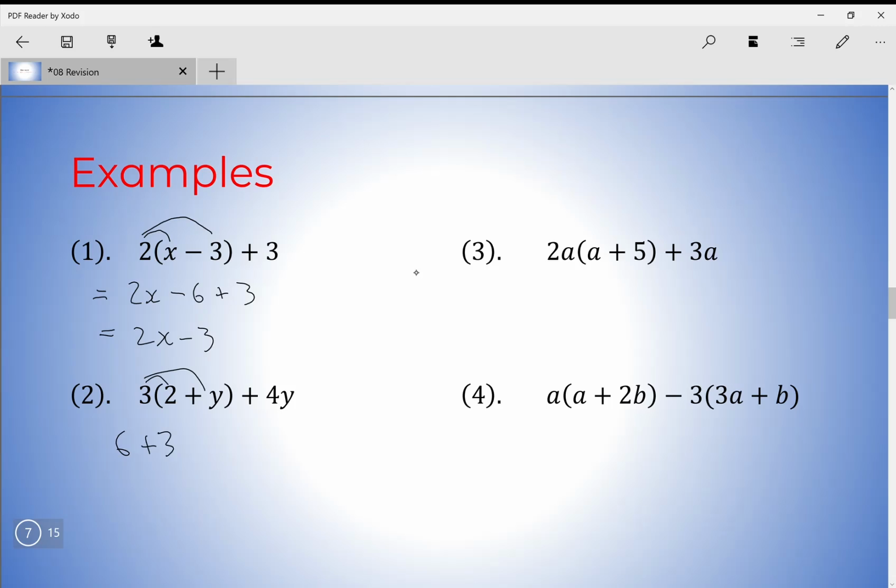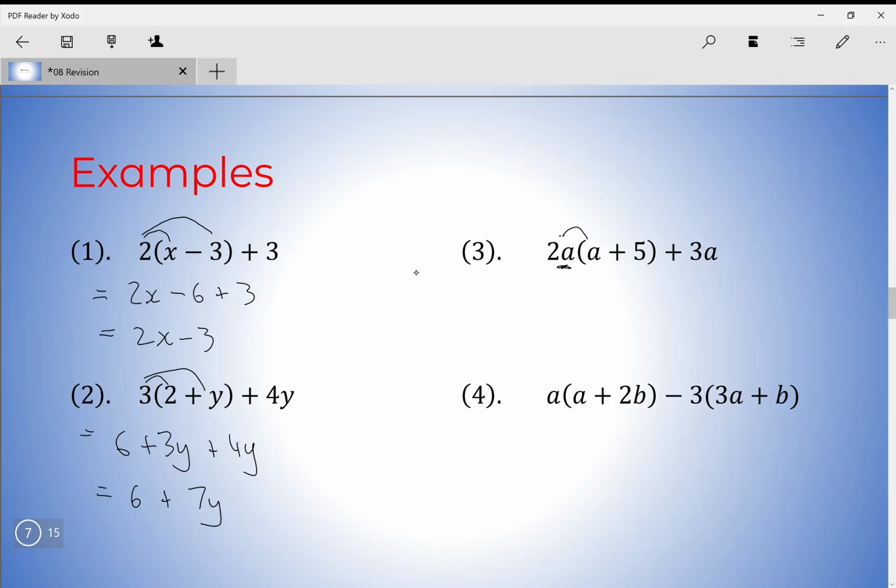On our second example down here, again, we multiply the 3 into the brackets and end up with 6 plus 3y. And we've got our plus 4y on the end to deal with. So now we just collect like terms with the y's, and we end up with 6 plus 7y. Now here we have a letter out the front, but it doesn't change the process we follow.